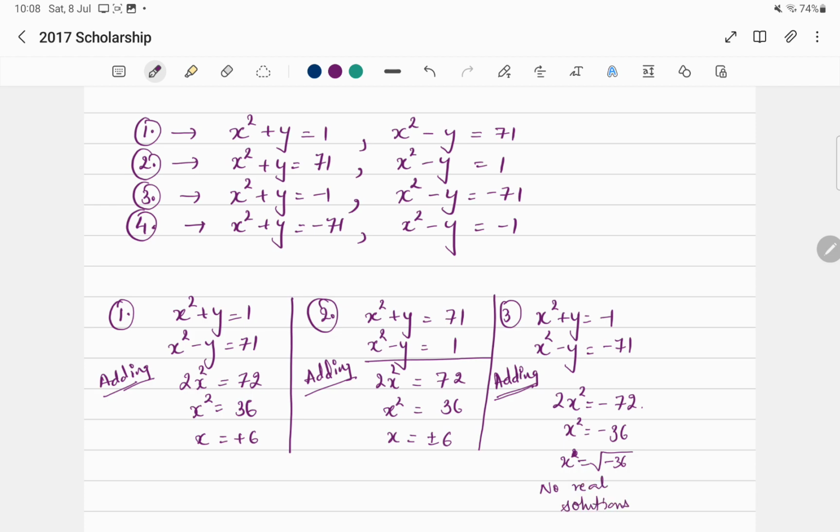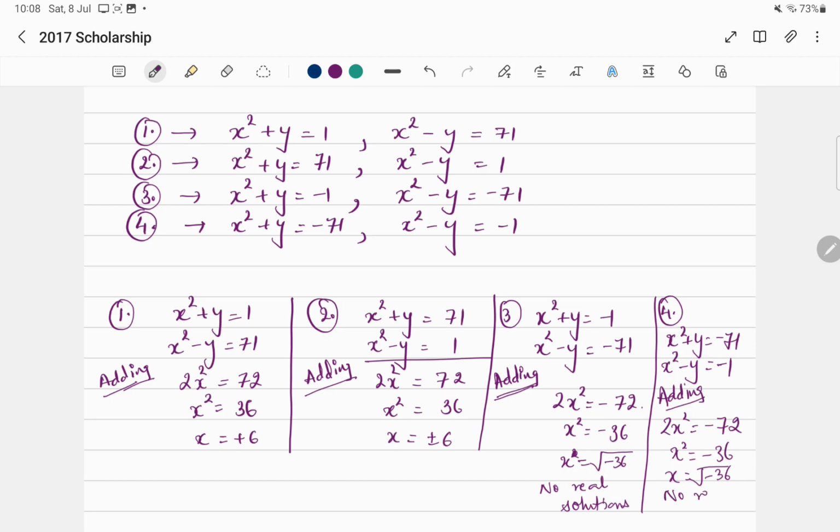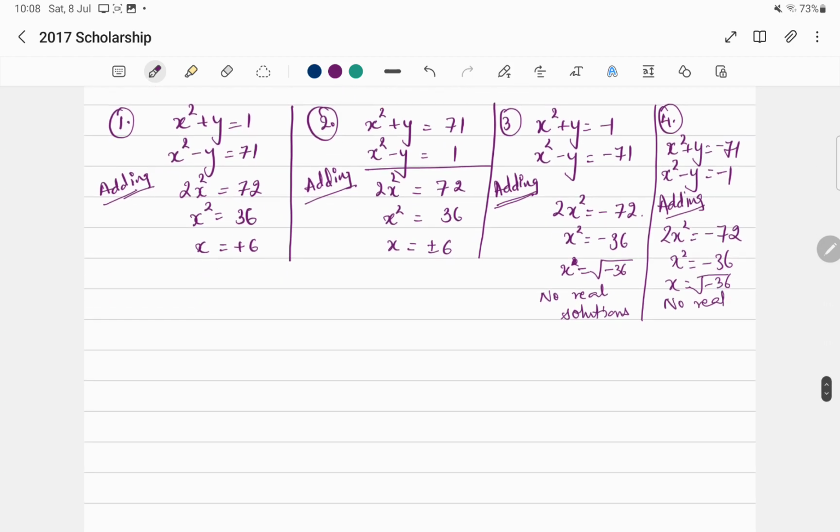For the fourth equation, x squared plus y equals minus 71 and x squared minus y equals minus 1. Again, adding gives 2x squared equals minus 72, x squared is minus 36, and again there are no real solutions.